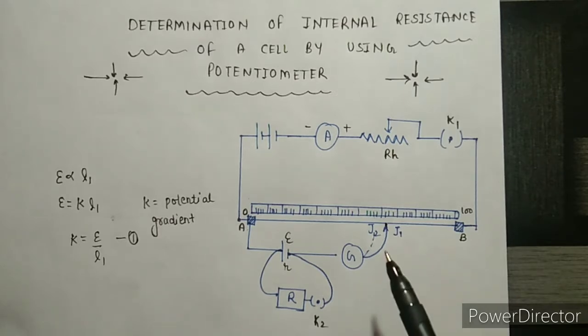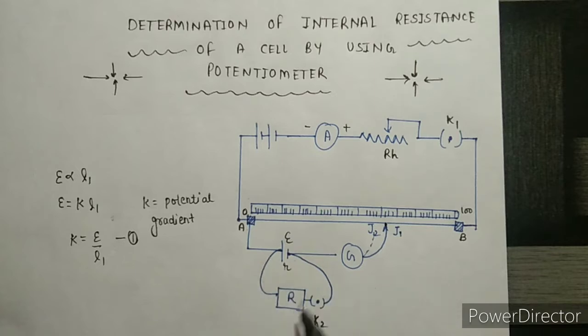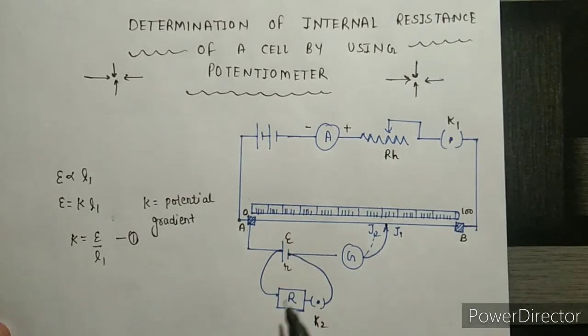Now secondly we close K2 and drop some external resistance from this resistance box. This resistance box is connected parallel to this cell. So we drop out some external resistance and close this key, then current flows through the cell.